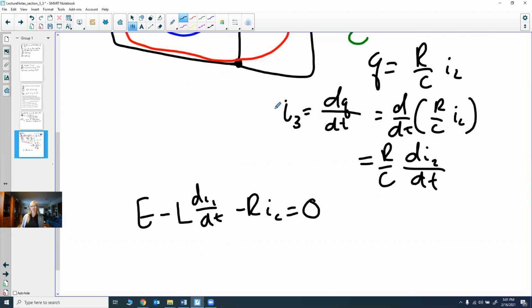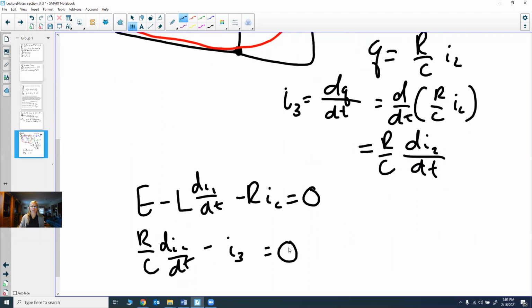I3 is equal to R over C di2 dt. So therefore, we can think of that one as being R over C di2 dt minus I3, because we are going to take them to the same side. So now we have our two equations.